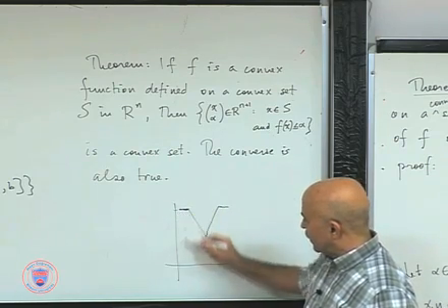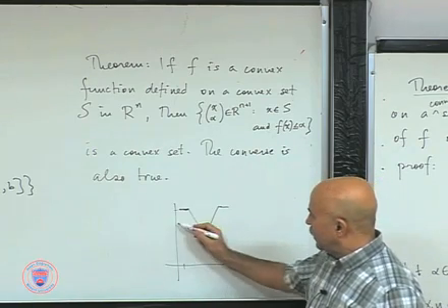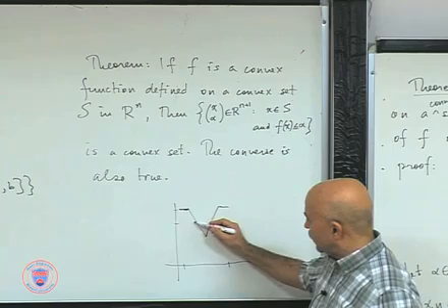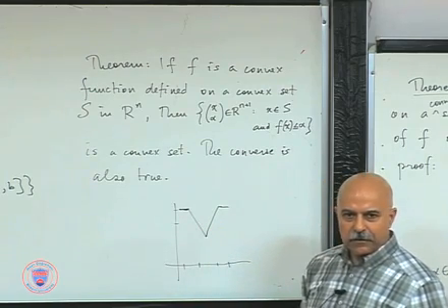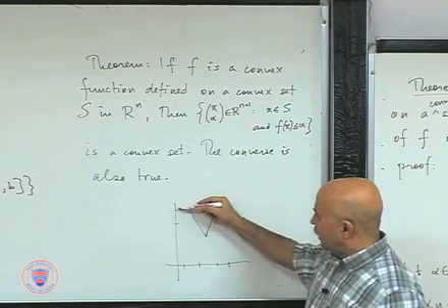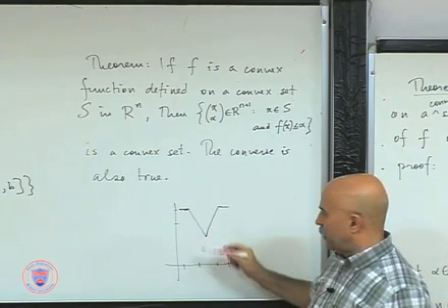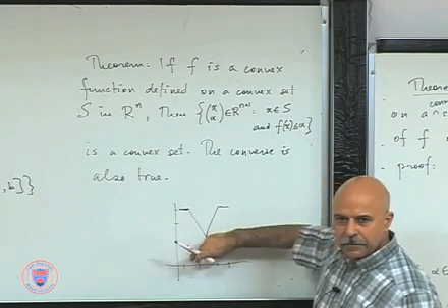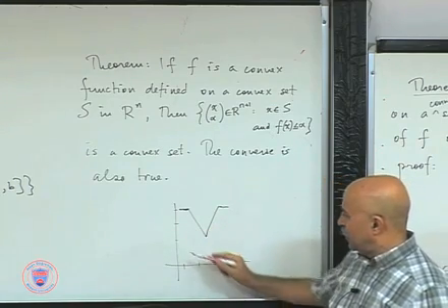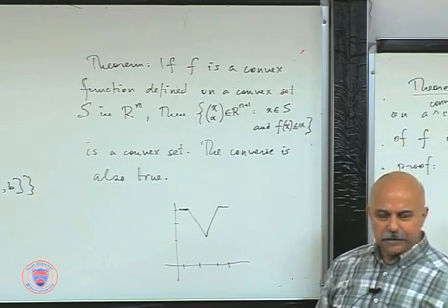If alpha is here, the level set includes the entire domain. If the alpha is here, the level set will be something like this. Okay? So you can see that any alpha greater than the marked point here will include the entire domain. Any alpha up to this one will include an interval. Any alpha below that line will give you empty level set.